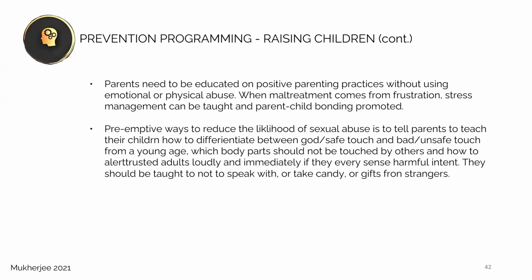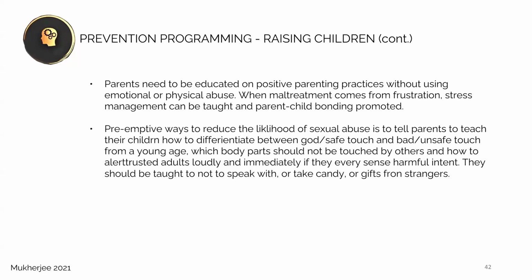This goes on to say about educating parents about using other strategies without using emotional or physical abuse. A lot of maltreatment comes from frustration, from lack of child development knowledge, from stress. All of these can be taught and managed as we're working on the bond of the parent and the child.